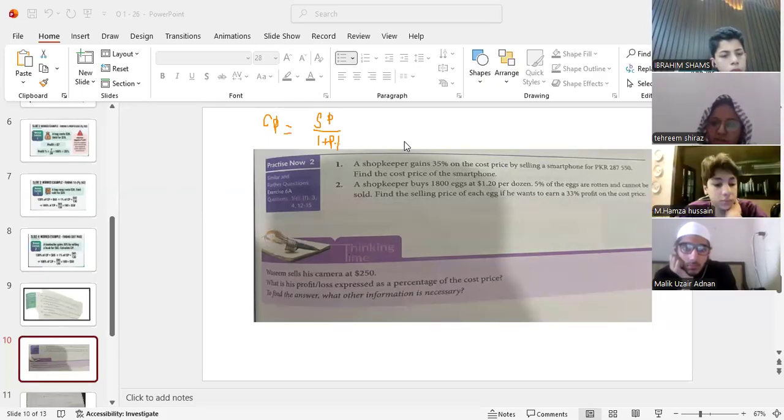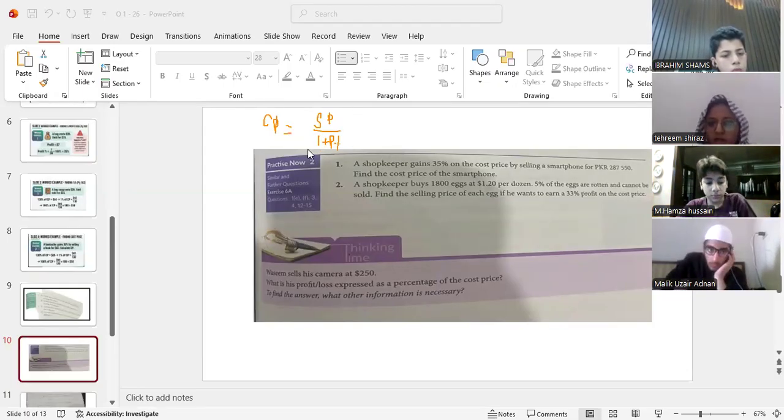We have done this formula. We need to calculate the cost price of the smartphone if he wants to earn the profit on the cost price, and that profit is 35% on the cost price.